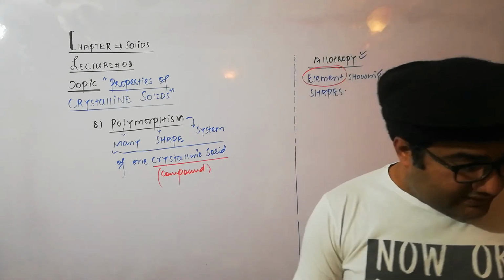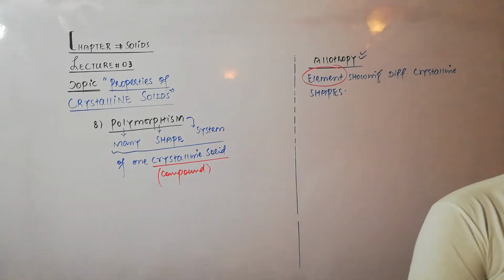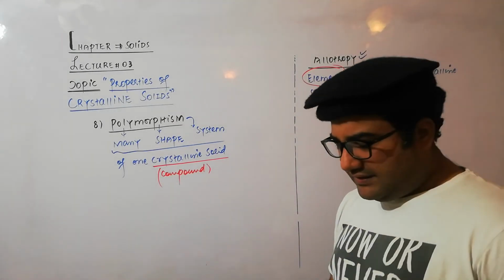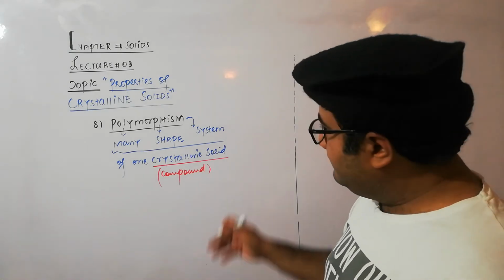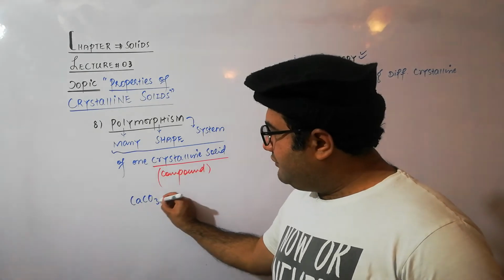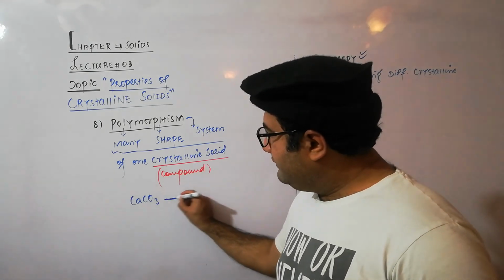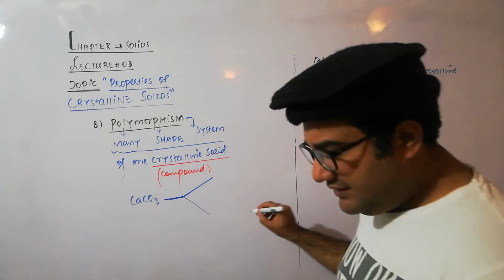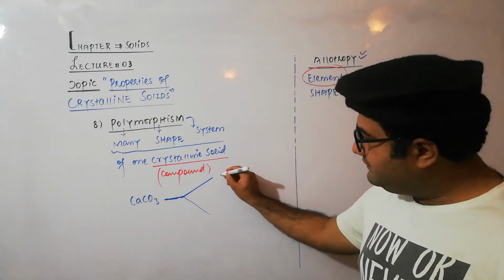Now let us discuss some of their examples. Like in the case of polymorphism, calcium carbonate is a crystalline solid, and this crystalline solid has two different shapes.